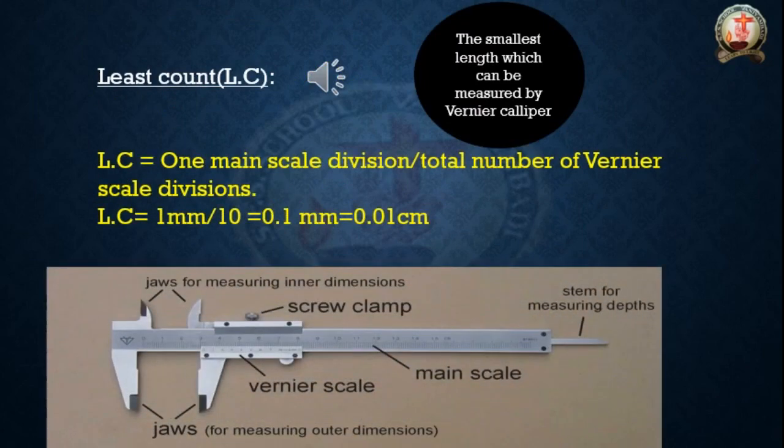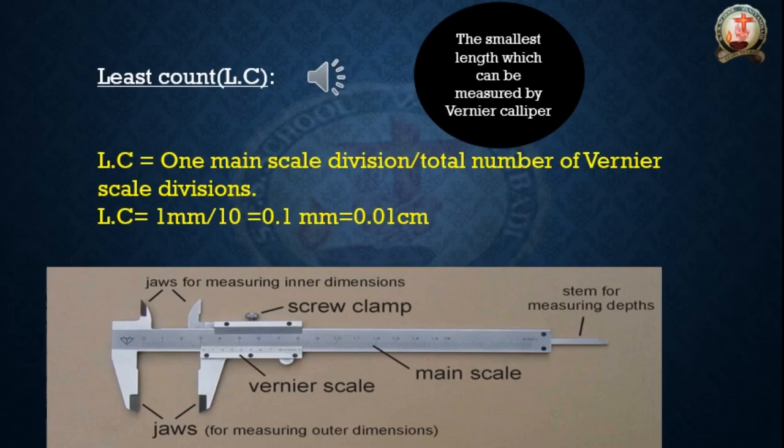Now our next concept is least count. As I explained above, we will discuss the complete explanation of the least count. So first of all, we'll see what is the definition of the least count. Please see that black color box.